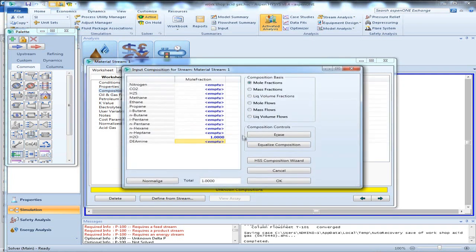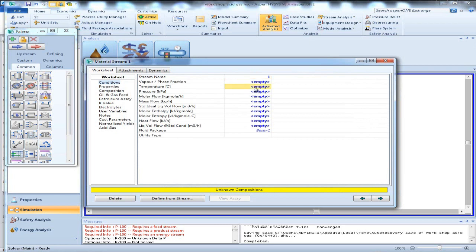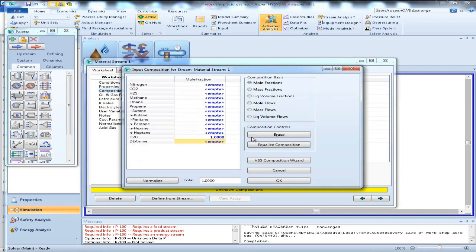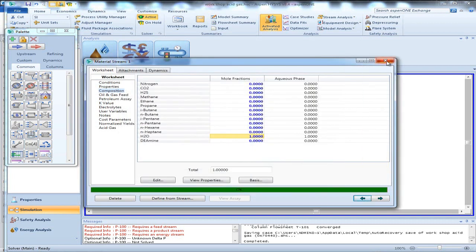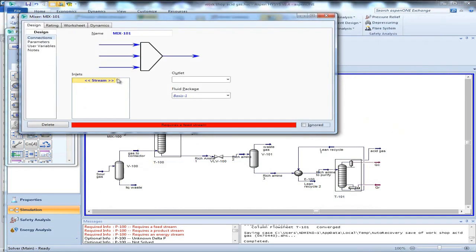So this is just the case. We prepare it at 25 degrees Celsius and 1 atm with a flow rate of 0. Okay, that will be fed into the mixing unit.